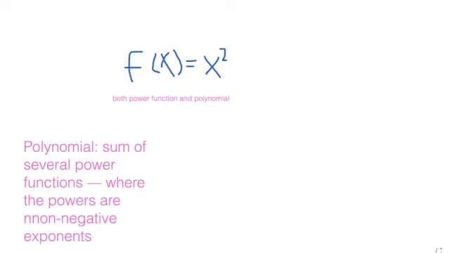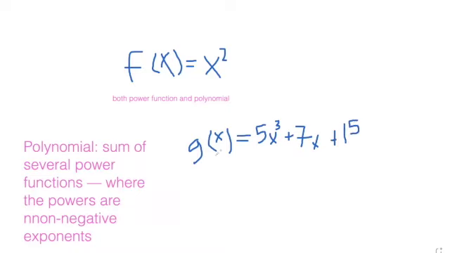So if you have a polynomial, you can totally use power rule because you're adding up a bunch of power functions. And so we can combine power rule and sum rule and constant multiple rule to find the derivative. For instance, if I were looking at g of x equals 5x cubed plus 7x plus 15, that's a polynomial.